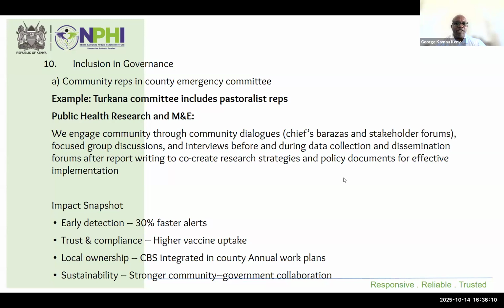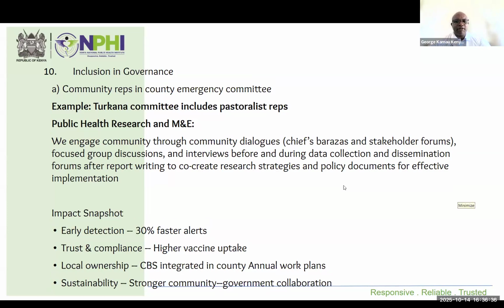So we're also able to engage the community in governance. For public health research and monitoring and evaluation, we engage the community through community dialogues, the barazas, which are focus group discussions, and stakeholder forums and interviews before and during data collection and dissemination, where after report writing we co-create research strategies and policy documents for effective implementation.